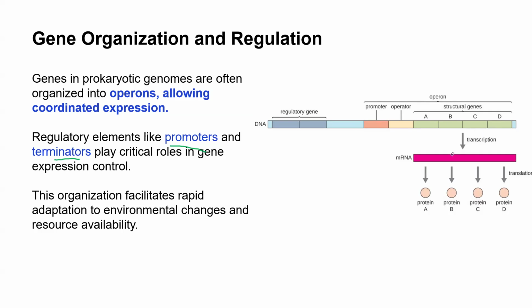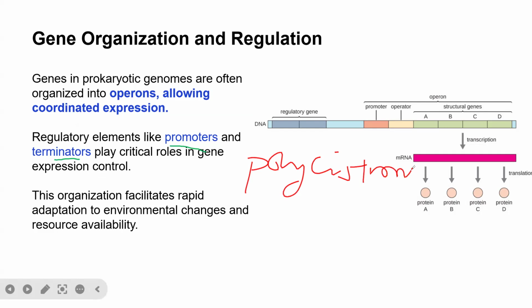First, they transcribe together to produce what we call polycistronic messenger RNA. When we say cistronic, it means RNA. Why is it called polycistronic messenger RNA? You can see clearly that there are 4 genes here, so it means that 4 mRNAs will be generated. That is why it is called polycistronic messenger RNA.